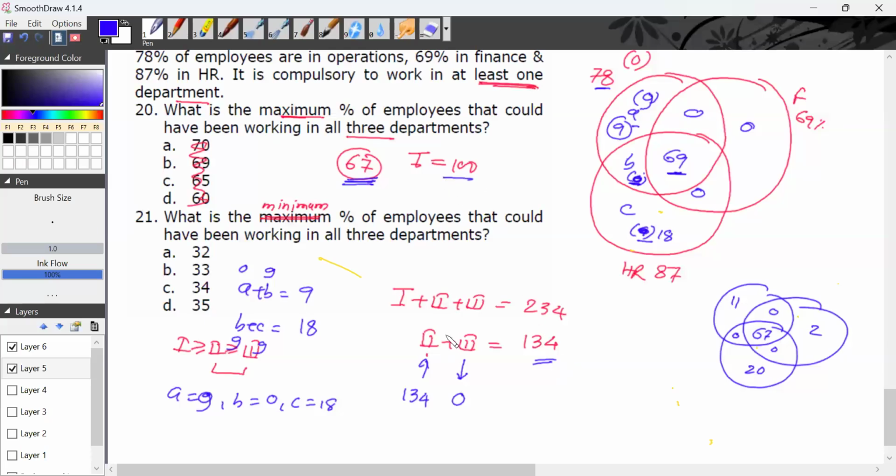So 2 cannot exceed 100, no? 2 cannot exceed 100. But can it become 100? Can we do like this? Yes, we can do. Is 34 one of the options? Yes, it is given. So option C becomes the right answer. Straight away, simple. Nothing to do. I hope I am clear, everyone. Did everyone understand this?